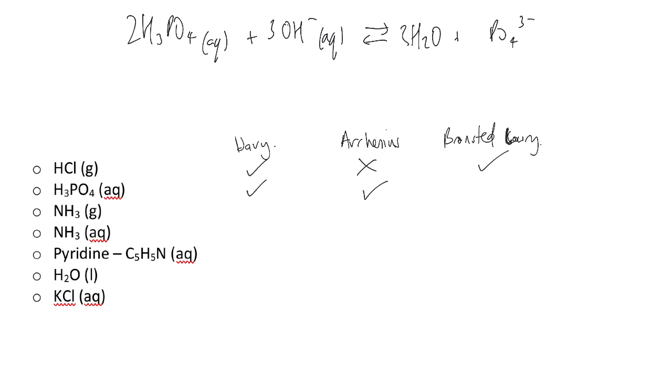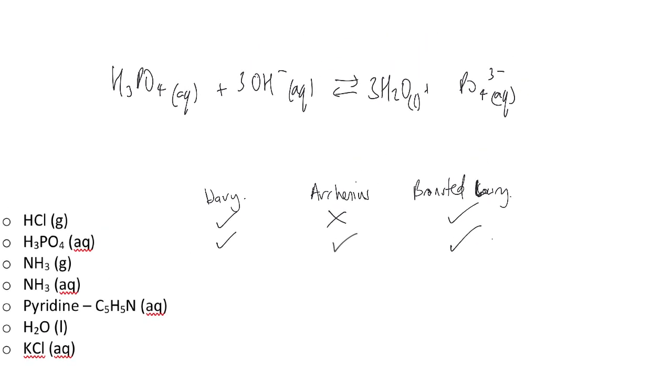I'd need 3 of those and make 3 of those, and I don't need that coefficient of 2. And that would be the phosphoric acid acting as a Bronsted-Lowry acid, okay? Because you'd be able to see that, yes, it's donating a proton.